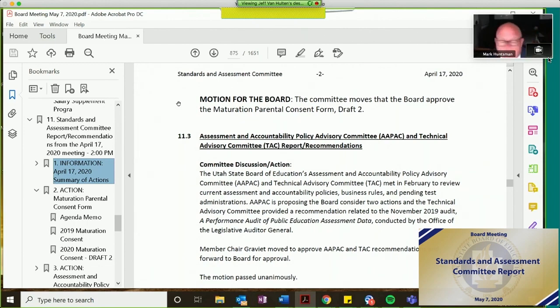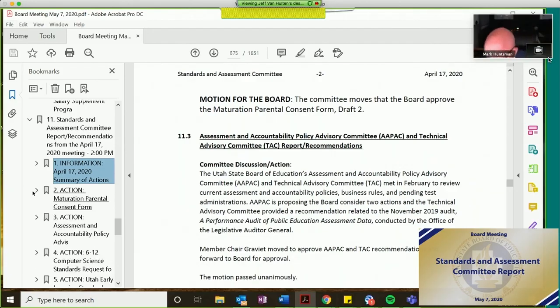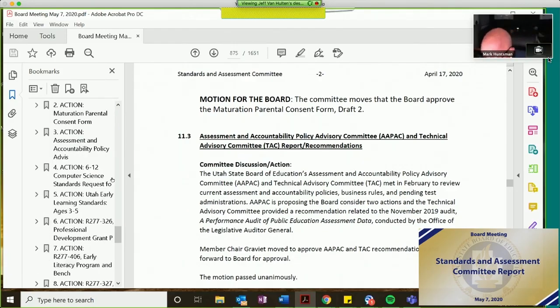Any other discussion? None. Okay, we'll vote on the motion before the board to approve the maturation consent form draft 2. Board Member Bolter, Yes. Member Cannon, Aye. Vice Chair Cummins, Yes. Member Davis, Aye.